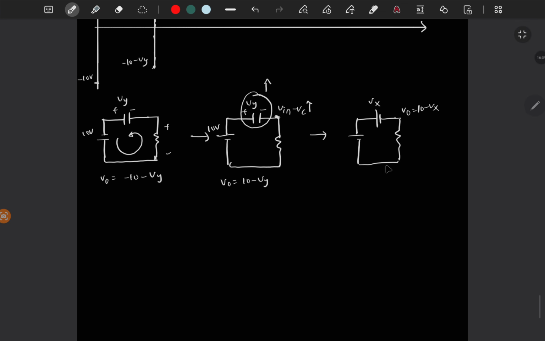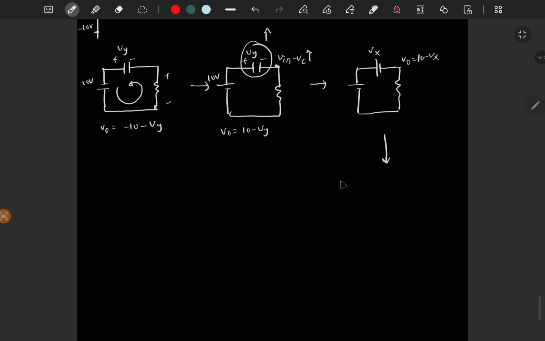So from here to here again the input voltage is changed to minus 10 volt. But since the capacitor does not allow the sudden change, the capacitor voltage should be at plus Vx. Then we will get V out as minus 10 minus Vx.